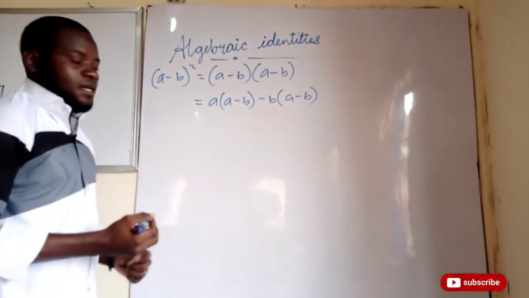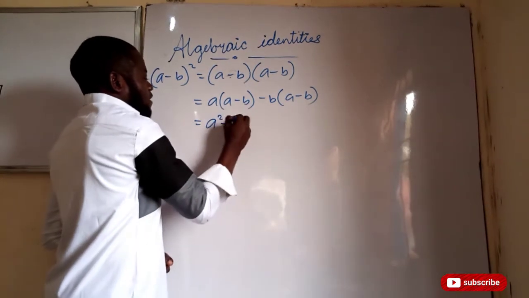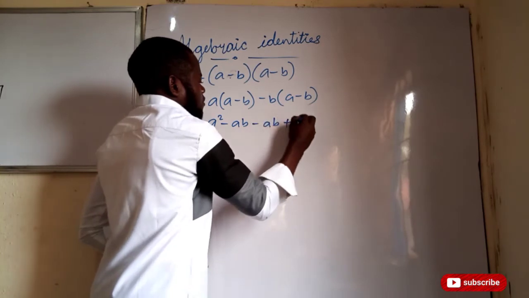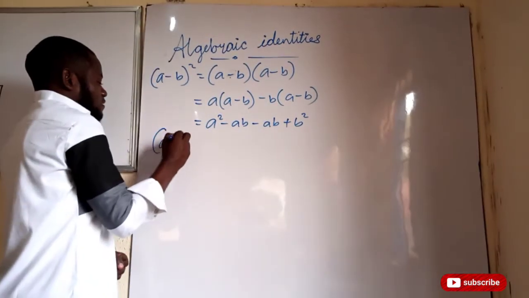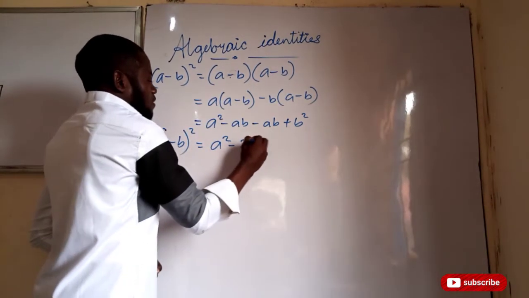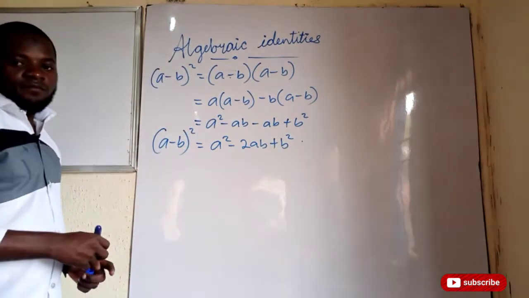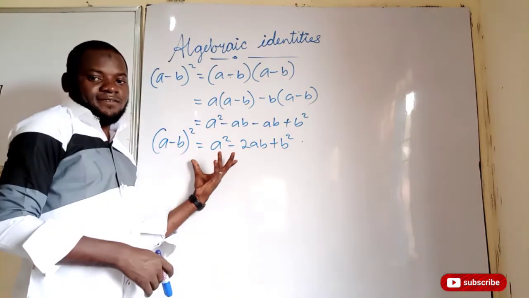Are we together? So a times a will become a², minus ab, plus b². Hence, the square of two difference will become a² − 2ab + b². Do we get this now? So this is our third identity.